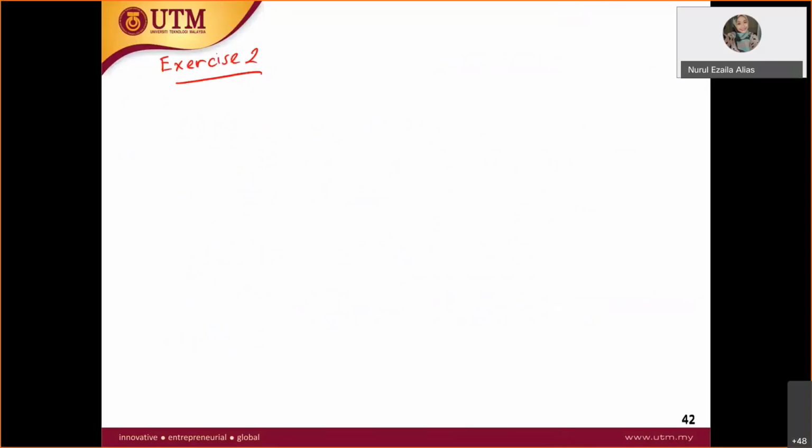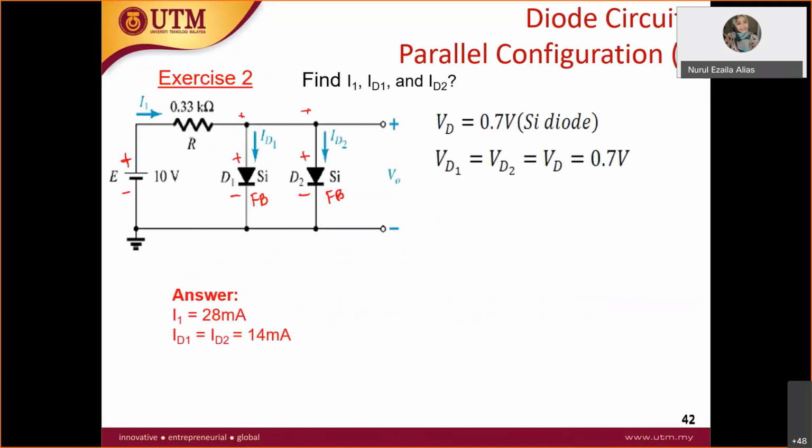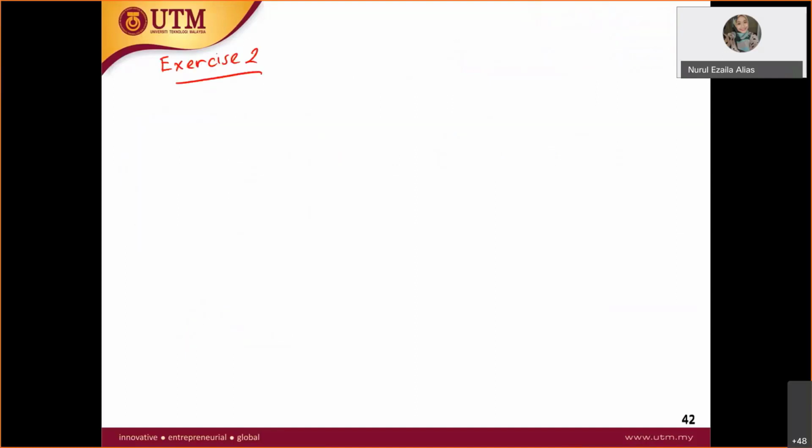Now you already said it is forward bias. Therefore, when it is forward bias, it has a voltage drop. Let's draw again. You have plus minus 10 volt here, and then you have 0.33 k ohm, and then you have the diode here.